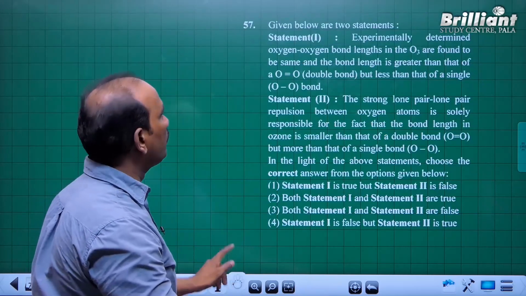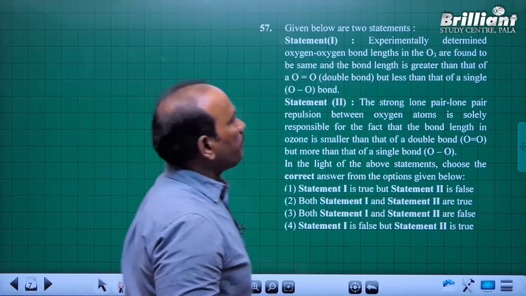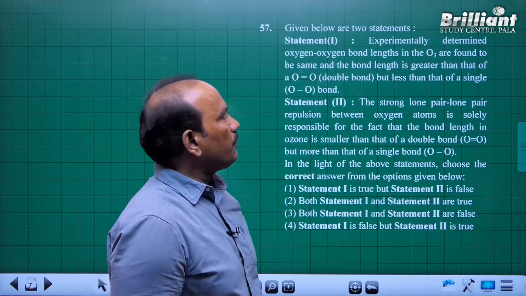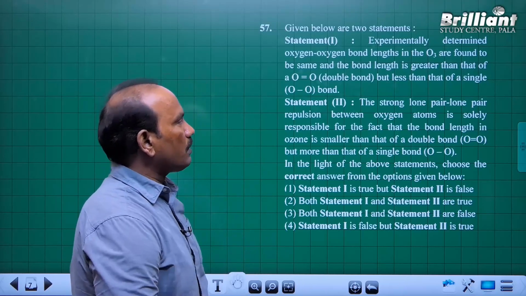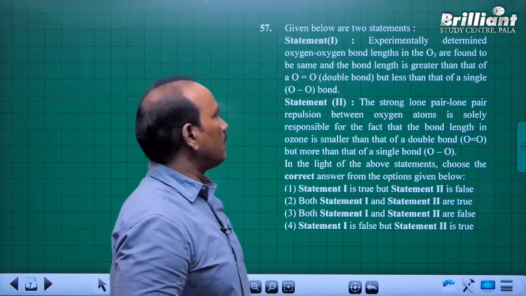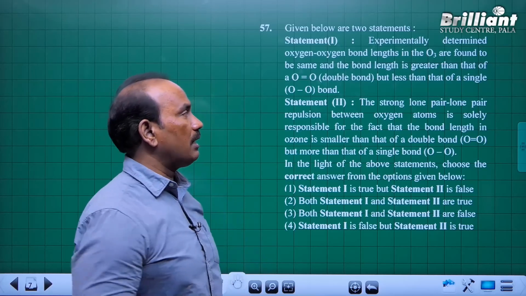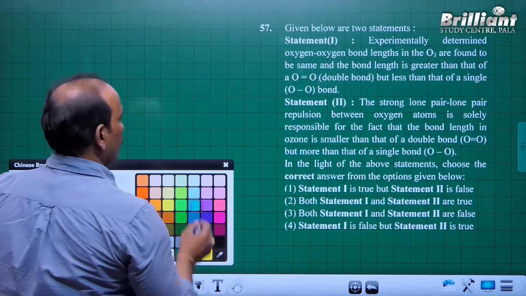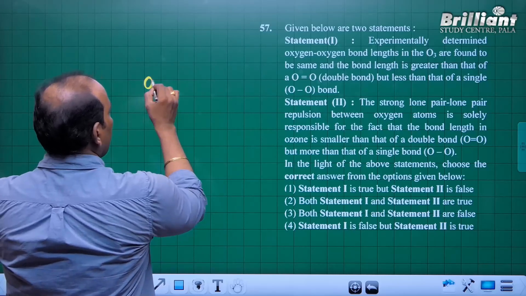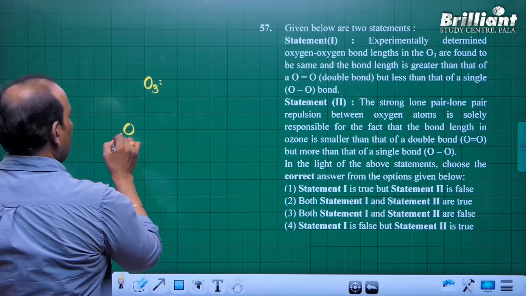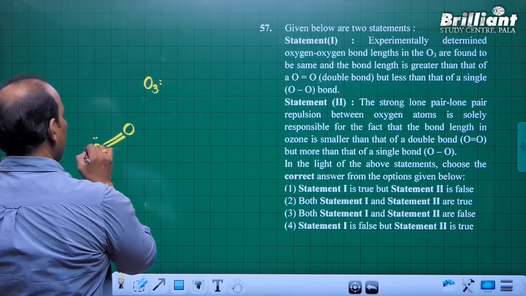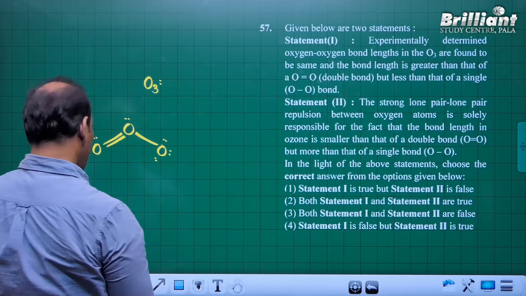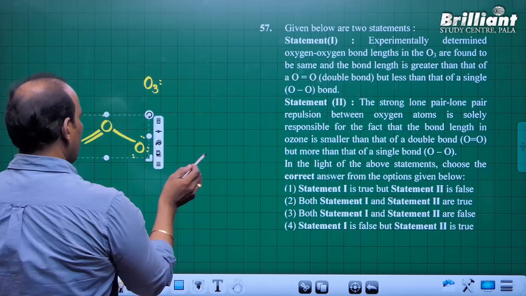Now, statement 1: the experimentally determined oxygen-oxygen bond length in O3 is found to be the same, and the bond length is greater than that of a double bond but less than that of a single bond. This is right, because here we go to O3, where resonating structures are there, and then one more resonating structure.